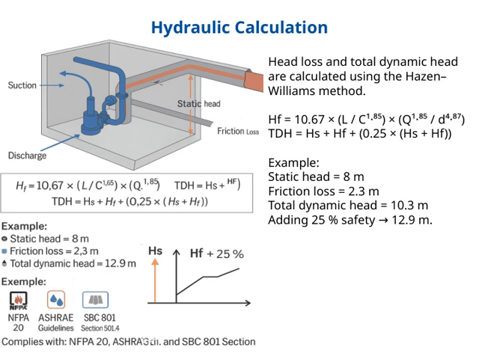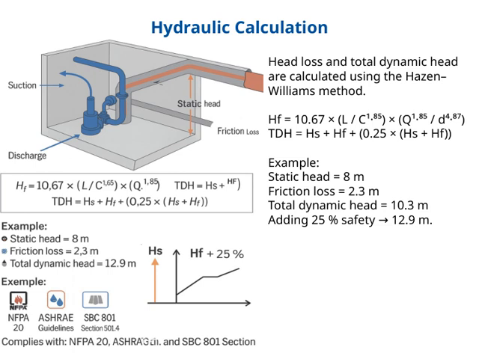Once we have the head loss, we add it to the static head, or the initial height of the water, and include an additional 25% safety margin to account for uncertainties or future expansion. The total dynamic head, or TDH, is the sum of static head, HS, and head loss, HF, plus this safety margin.